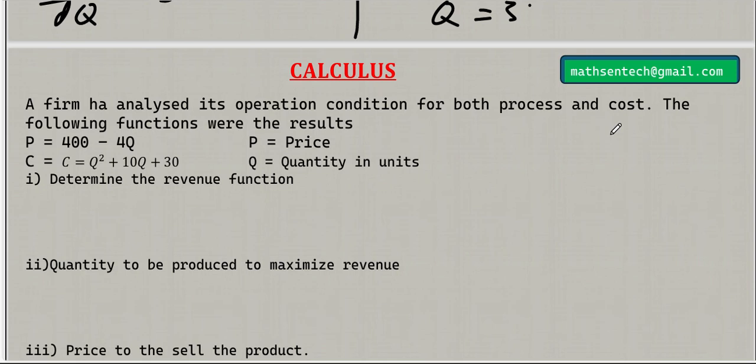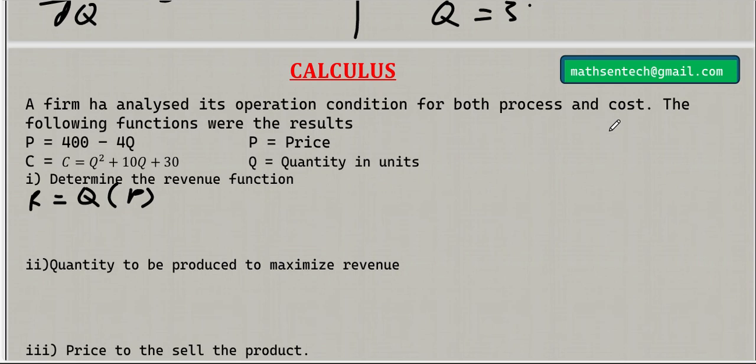Then you're told now determine the revenue function. So how do you determine the revenue function? To get revenue, remember, revenue will be given by the quantity produced multiplied by the price. Just like we did earlier, we demonstrated that. We already have Q as a quantity in units.